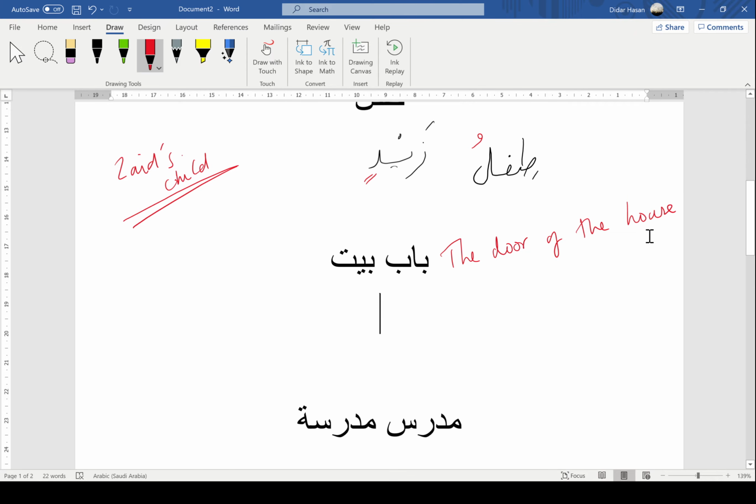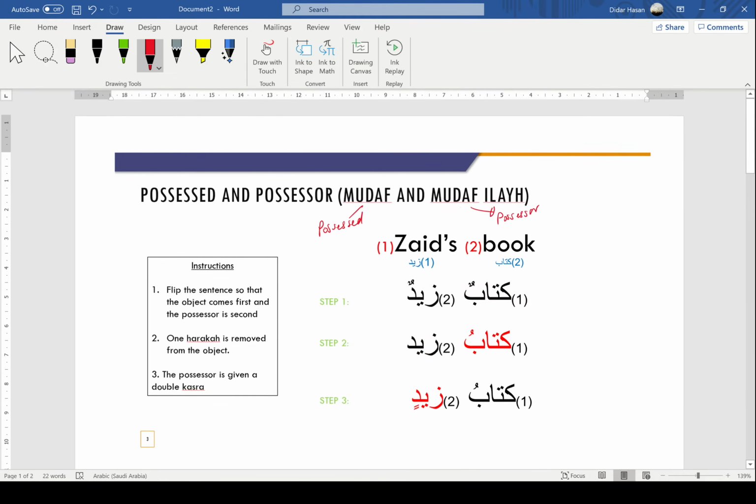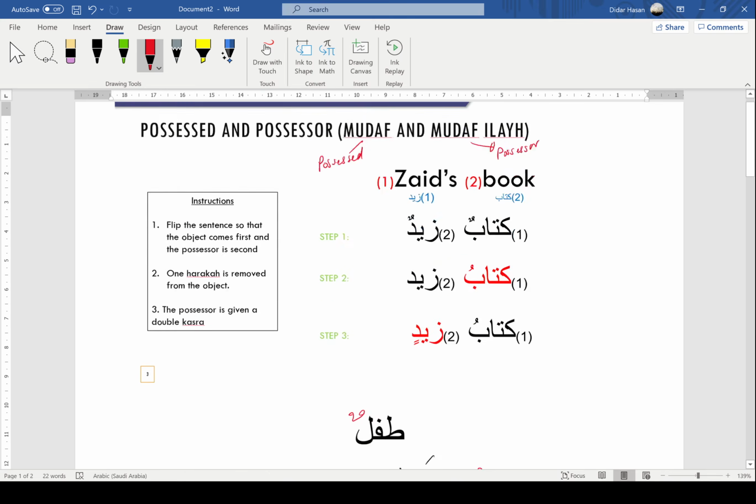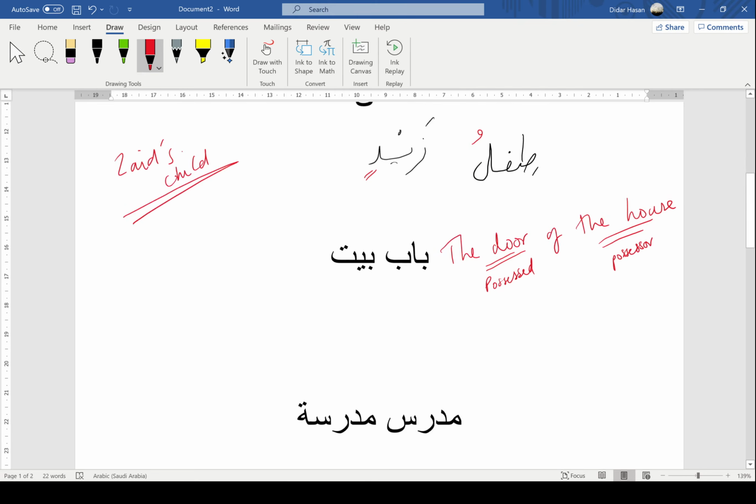What's being possessed here is the door. The door is possessed and the house is the possessor. Now rule number 1 is flip the sentence so that the object comes first and the possessor is second. So I'm going to write the mudaf first.